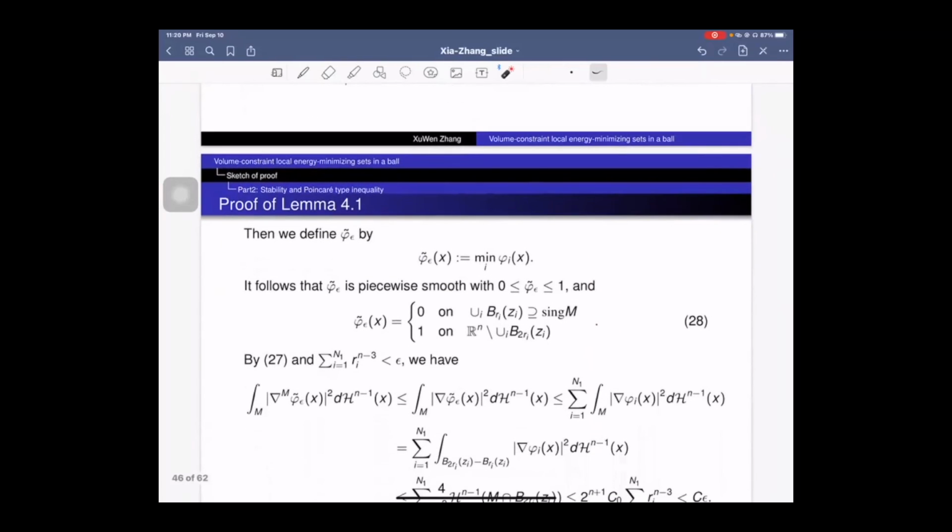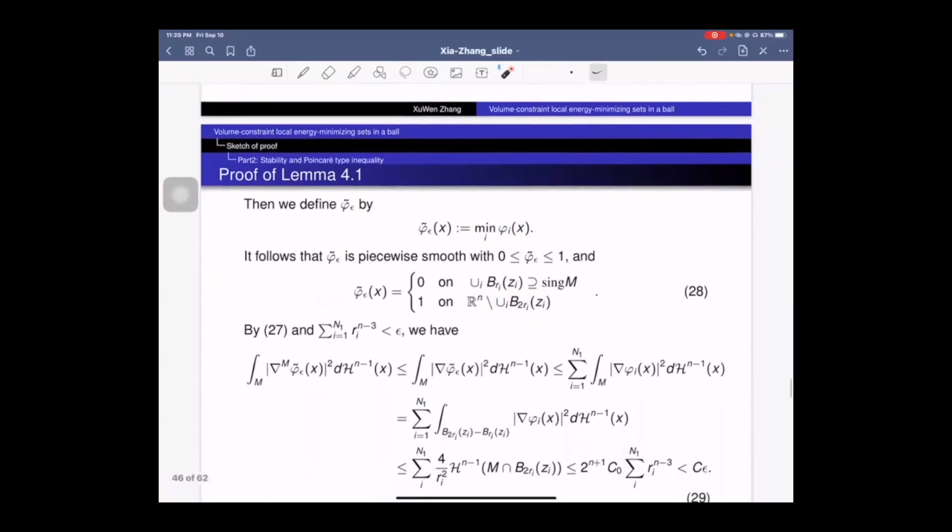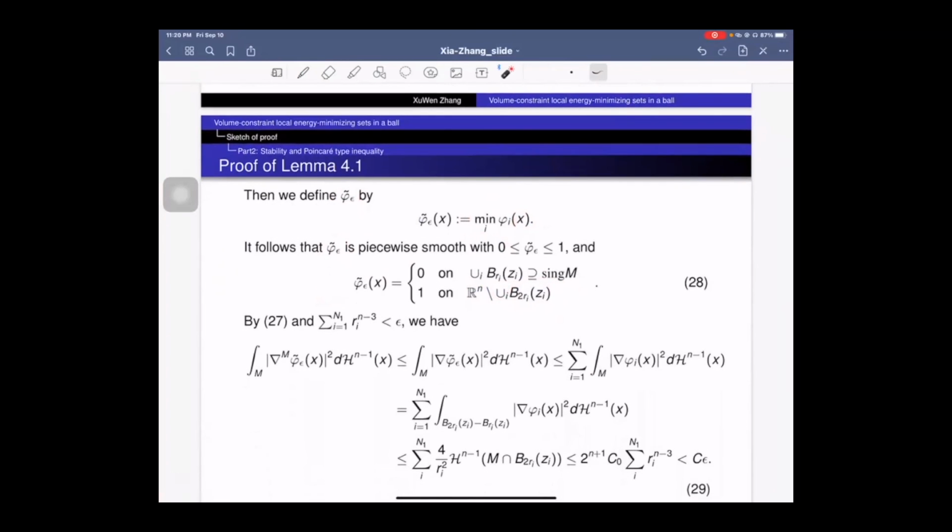First, we define phi tilde epsilon by taking the minimum of each smooth cutoff function at x. So phi tilde epsilon is piecewise smooth, and it vanishes here and is identically 1 outside the union of the concentric balls of twice the radius. Now we can check the L2 norm of the tangential gradient of phi tilde epsilon.